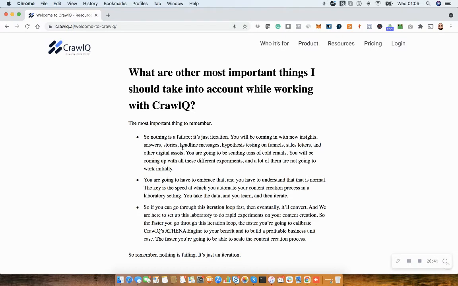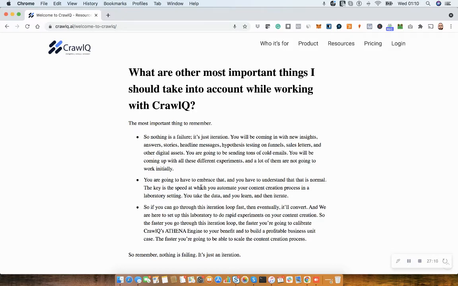You will come across how to create headline messages. You will test your hypotheses or your funnels, sales letters, and other digital assets, and you may be sending tons of cold emails. Maybe you will be coming up with all these different experiments, and a lot of them may not work initially, right? So you are going to embrace that, and you have to understand that this is normal.